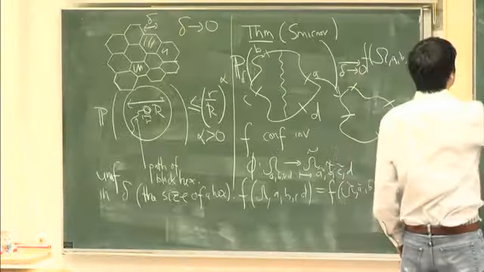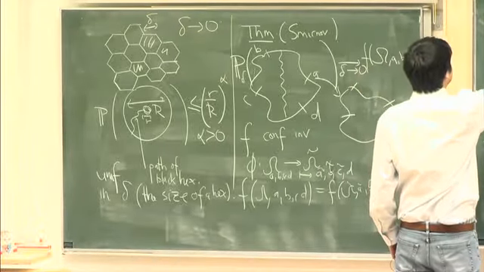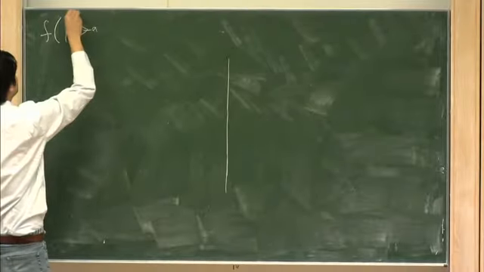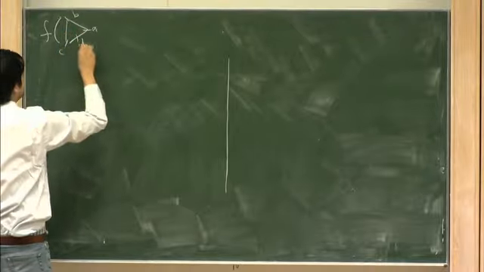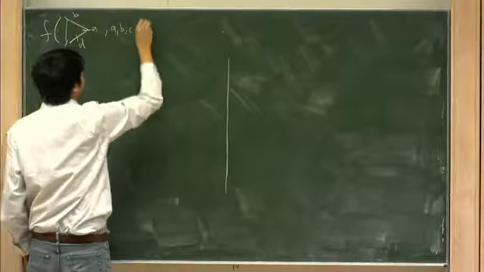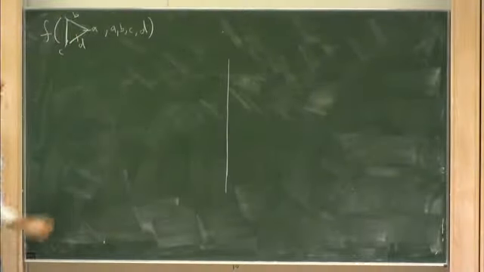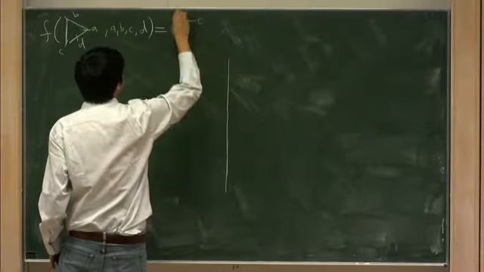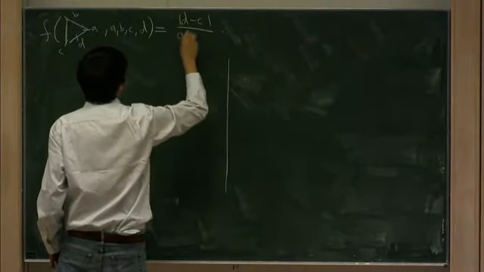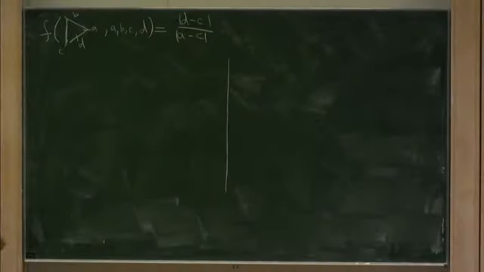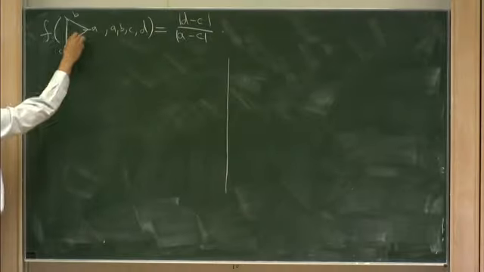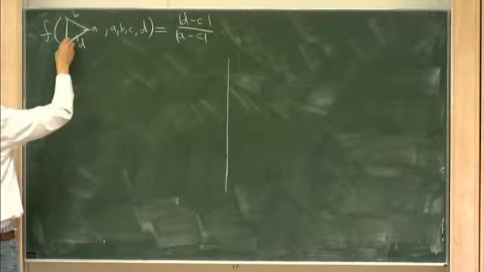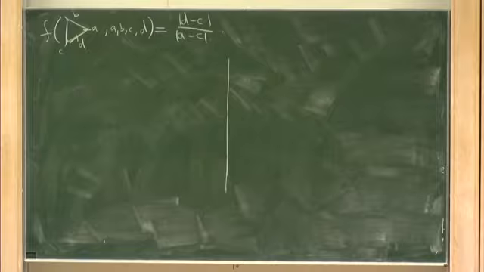That's Cardy's formula: f on a triangle like that with marked points A, B, C, D, as a function of A, B, C, D, has an explicit formula if the triangle is equilateral, and it's just D minus C over A minus C. So it's a quantity that goes to 1 as D approaches A, goes to 0 as D approaches C, as it should, and it's linear in the case of an equilateral triangle.